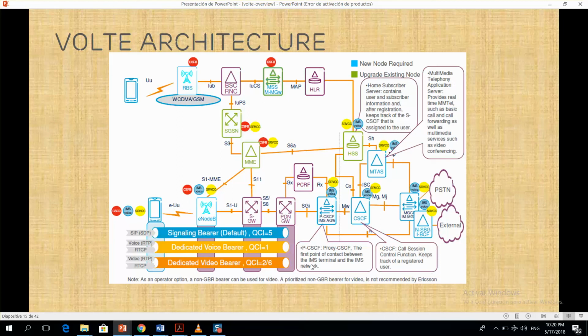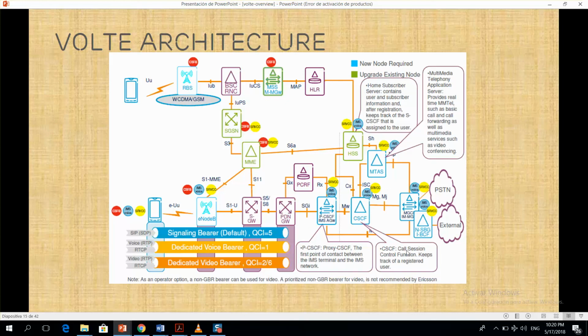Let's describe a few nodes that are very important. The PCSCF is the first point of contact between the IMS terminal and the IMS network, the first point of contact for the phone to get into the IMS network.